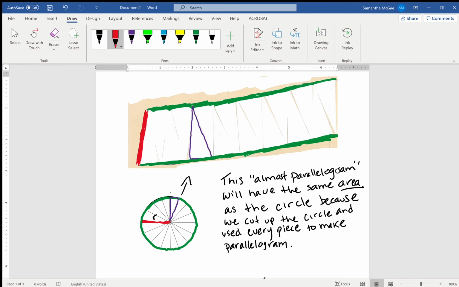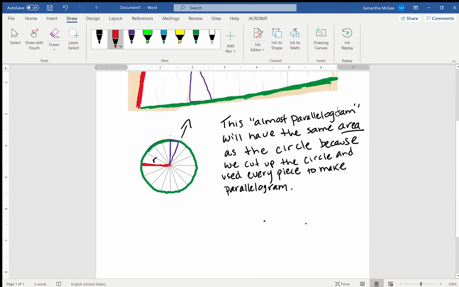And we know how to find the area of a parallelogram. The area of the parallelogram is the base times the height.